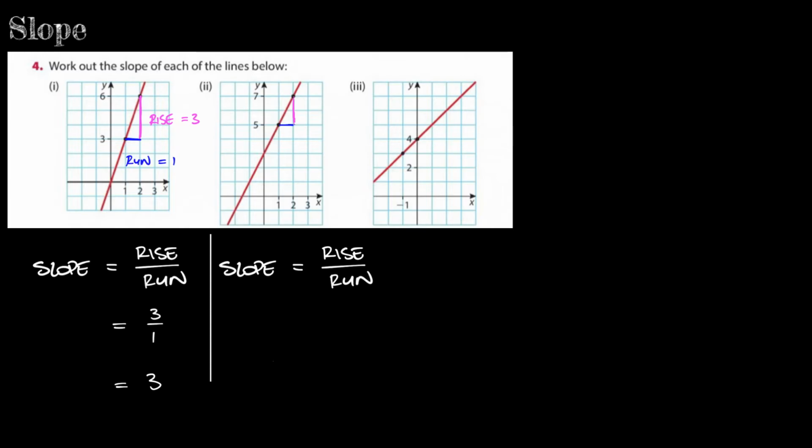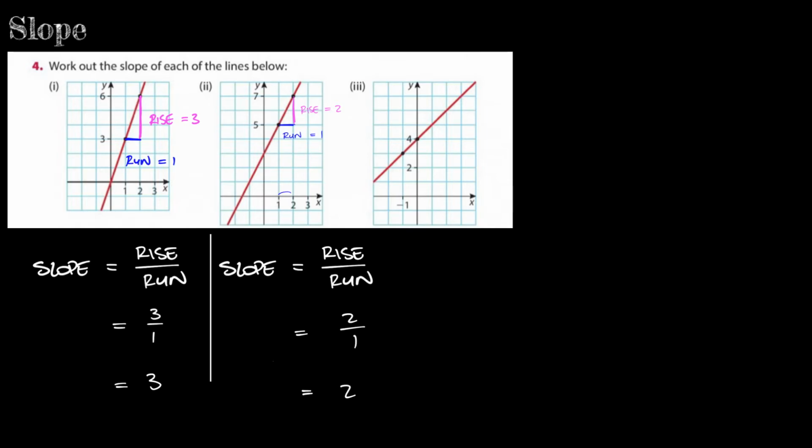So the rise is going to be equal to 2, because the difference between 7 and 5 is 2. And the run in this case is going to be equal to 1, because the difference between 1 and 2 is 1 unit. Okay. So in this case, the rise over the run will be 2 over 1. And obviously 2 over 1 is the same as 2.